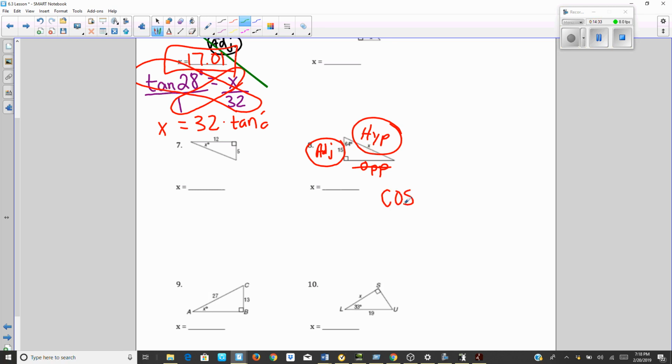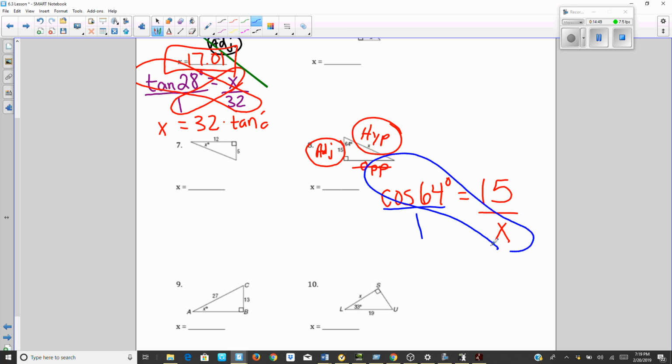So that's the cosine of 64 degrees equals 15 divided by X. So again, X is on the bottom. So basically there's just an added step when X is on the bottom, because when we cross multiply here, we get X times the cosine of 64. Can't really multiply those two things together.